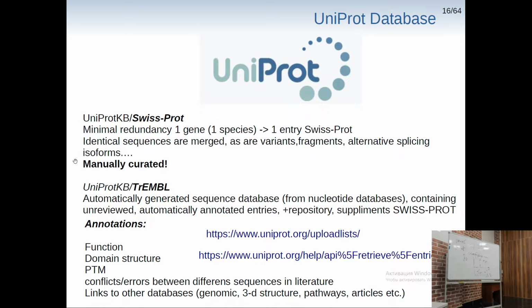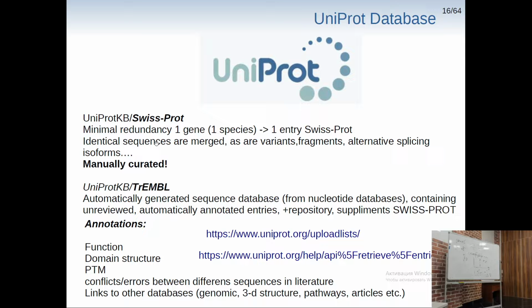And what's really nice is that you can convert between ID numbers of those proteins in this database and in other databases. There is a special page on the web where you can just put an identifier from, let's say, the CAC database and get the same identifier for the same protein in this UniProt database, or vice versa. So it is possible to map any of those databases one-on-one.